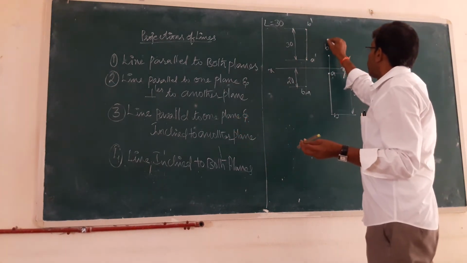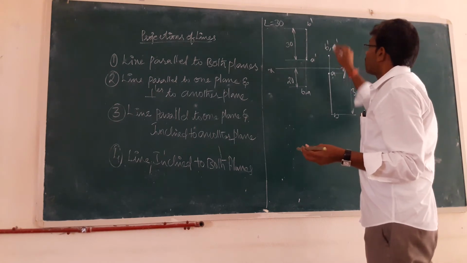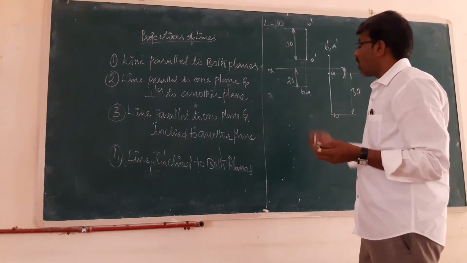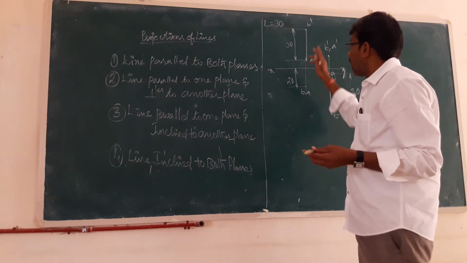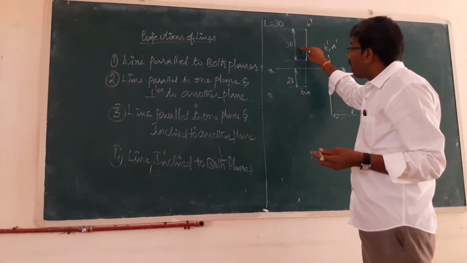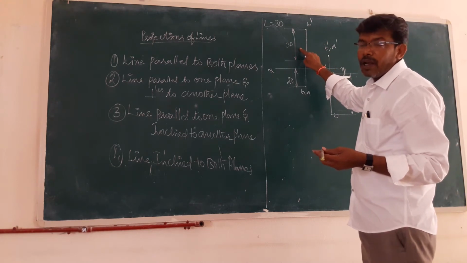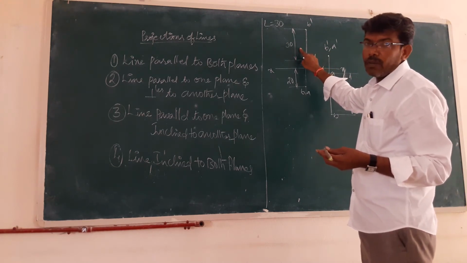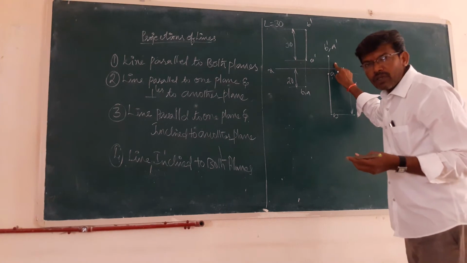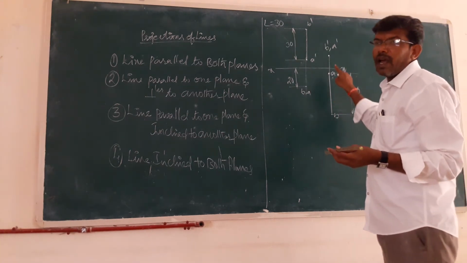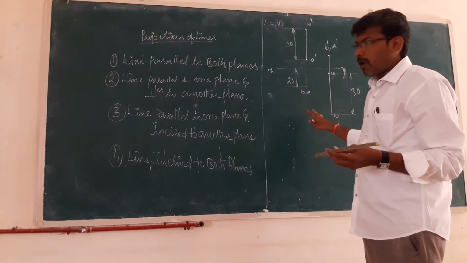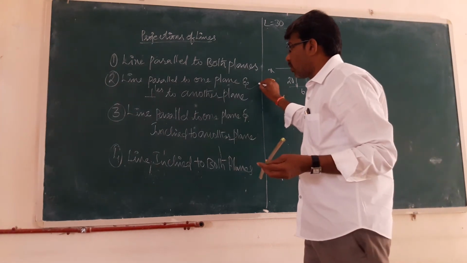So simply B dash comma A dash. Right? So this is how to draw the orthographic projection of the line perpendicular to the horizontal plane and parallel to the vertical plane. And this is the orthographic projection of a line perpendicular to the vertical plane and parallel to the horizontal plane. So now this condition is over.